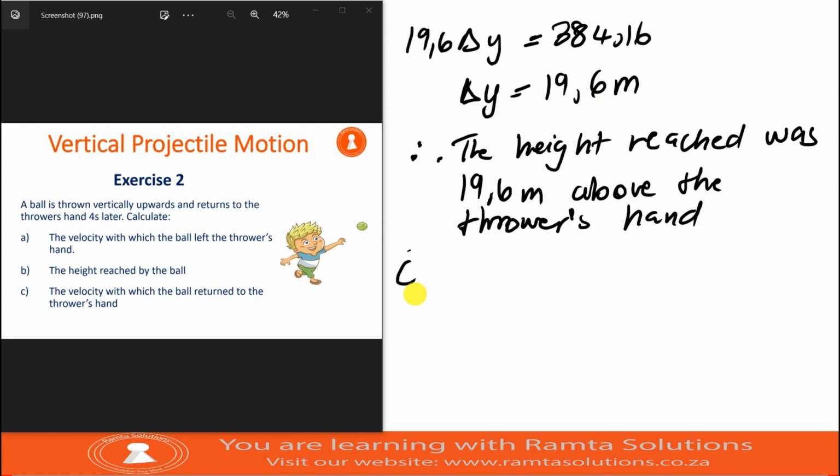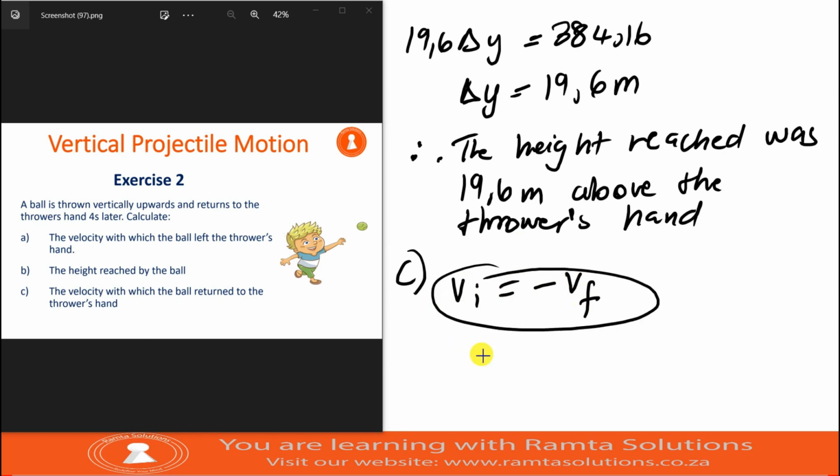Now, number C, the velocity with which the ball returned to the thrower's hand. If you remember well, we said initial velocity equals negative final velocity, or final velocity equals negative initial velocity, which is negative 19.6.